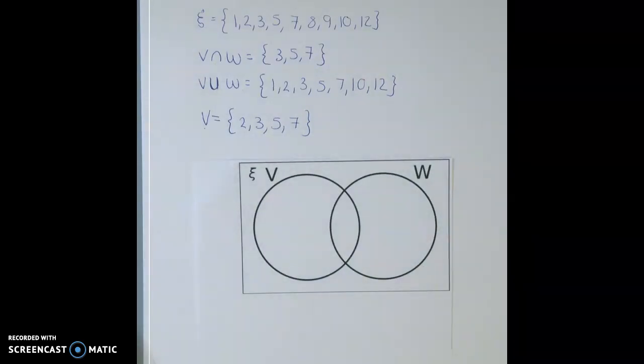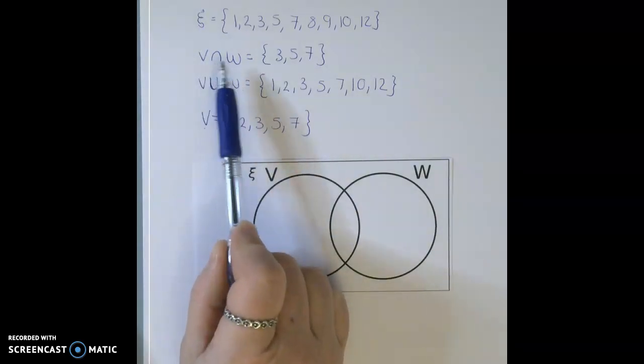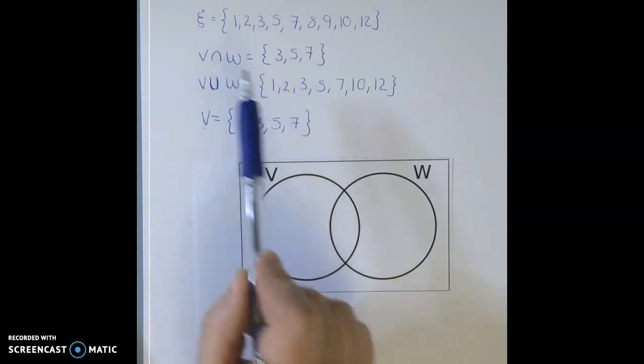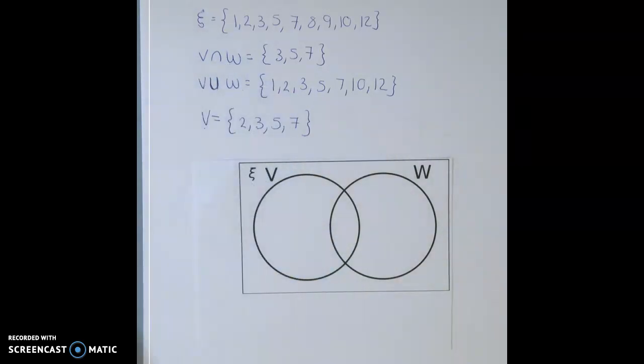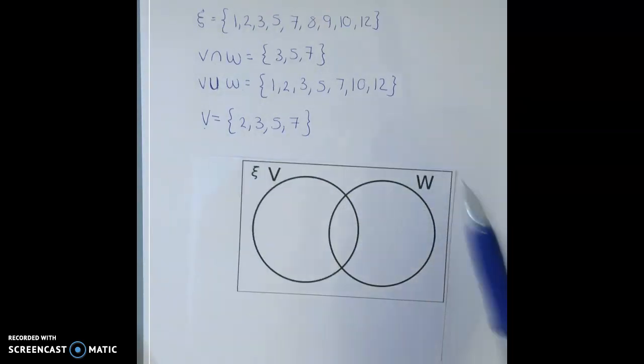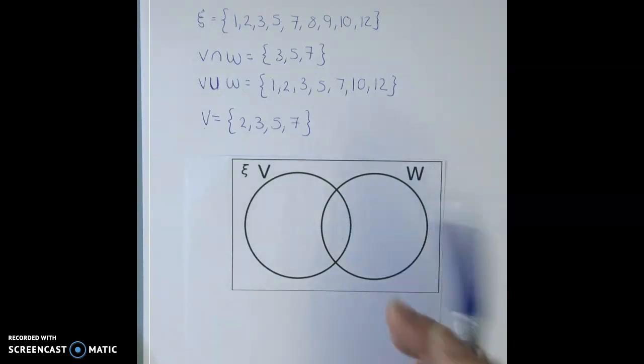So we are told that V intersection W, V and W, so the elements, the numbers, have to be in subset V and they have to be in subset W. And remember from our pictures, the intersection is this middle part here where the two circles overlap each other.